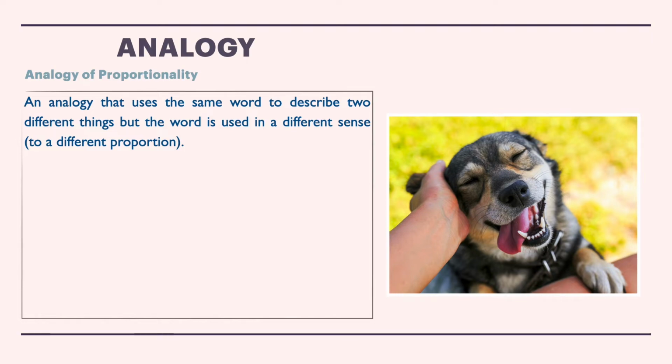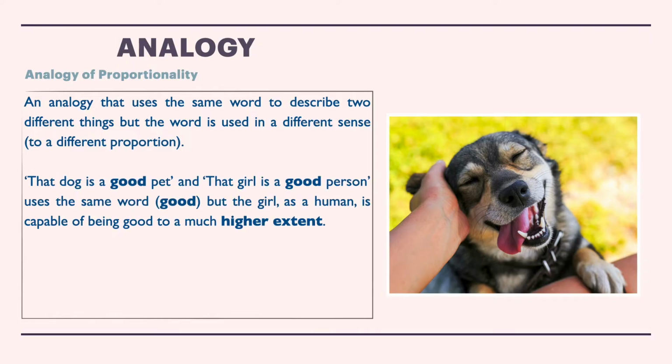So an analogy that can be used here: that dog is a good pet, and that girl is a good person. Now it uses the same word good, both of those two sentences. But the girl is a human, and she is capable of being good, but to a much higher extent than the dog.